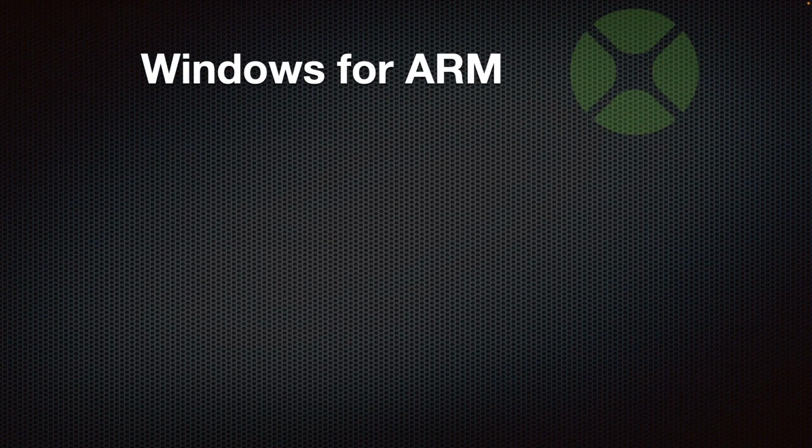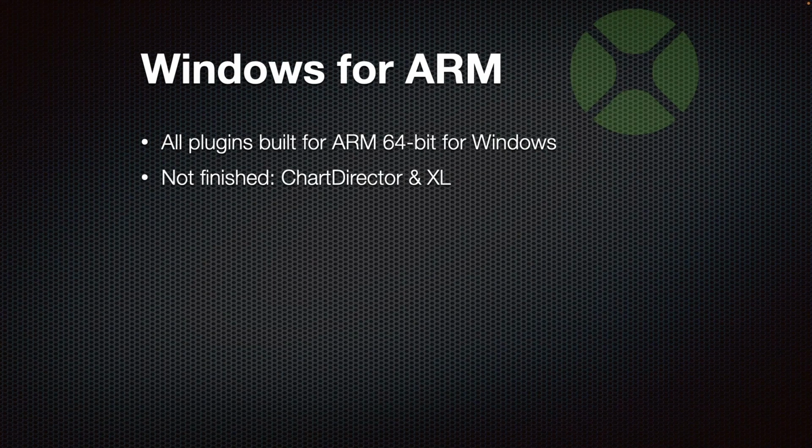Then I worked on the Windows for ARM thing. So currently all plugins are built for ARM 64-bit for Windows, also for Linux, but that's not yet in the public release. The ChartDirector and XL plugins still need a library update, so those won't work for now until we update that.